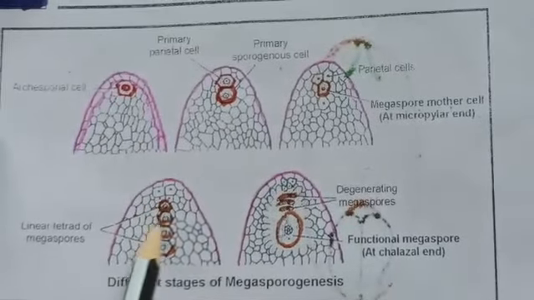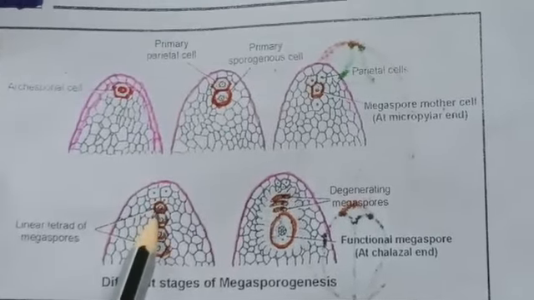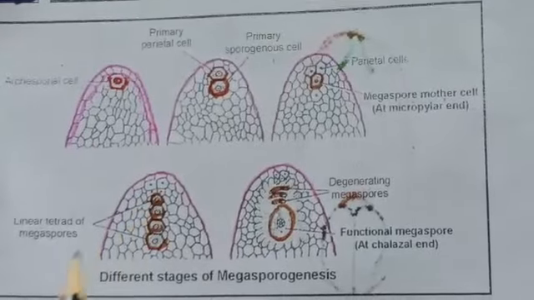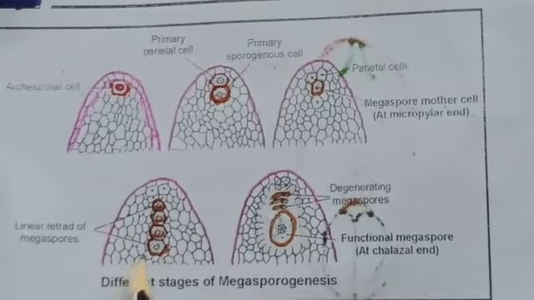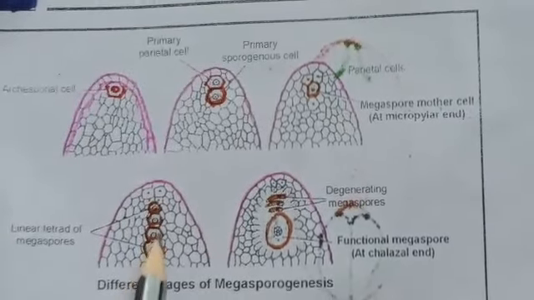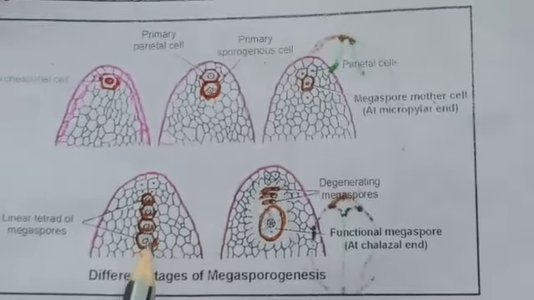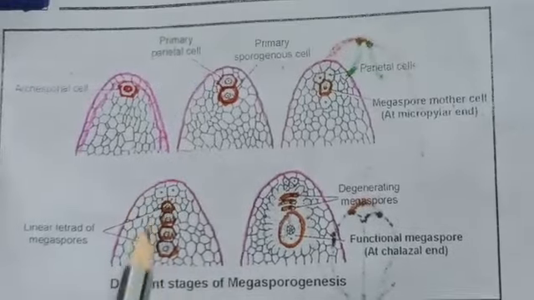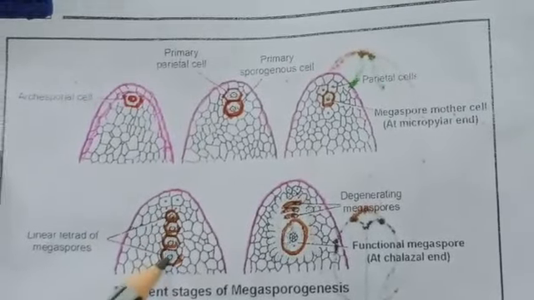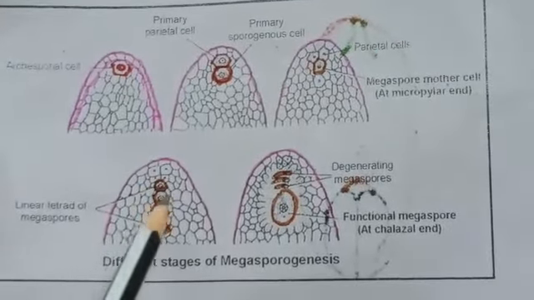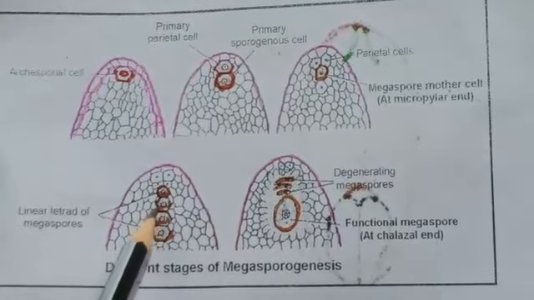Usually, the lowermost or chalazal megaspore remains functional. See this one, lowermost or chalazal megaspore. Out of these 4, this only remains what? Functional. And the other 3 which lie towards the micropyle degenerate.